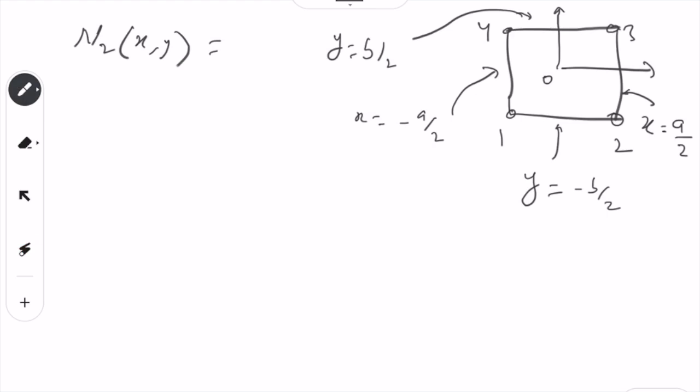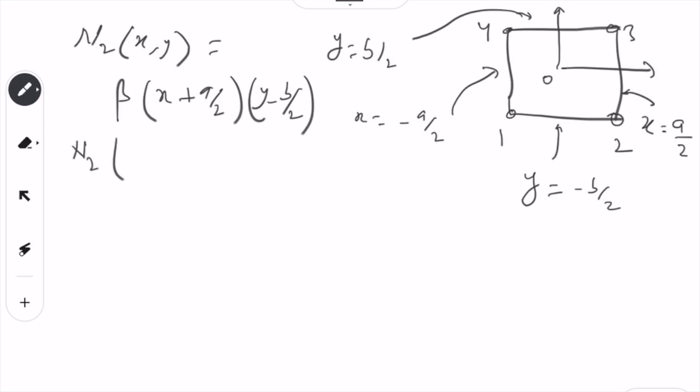So we can write this equal to beta times (x plus a over 2) and (y minus b over 2), such that N2 at this point is 1.